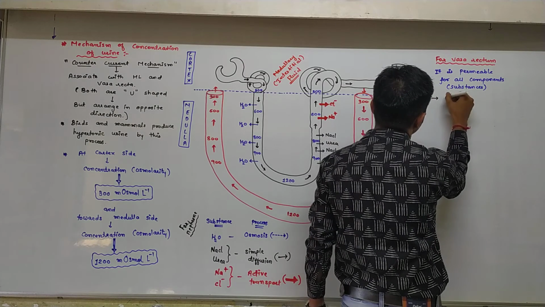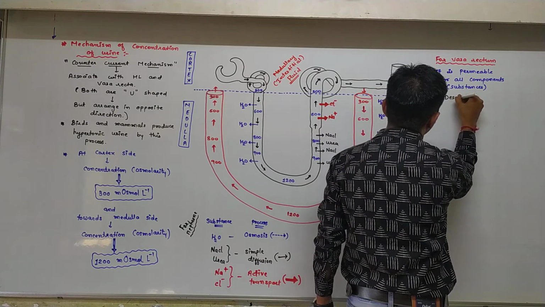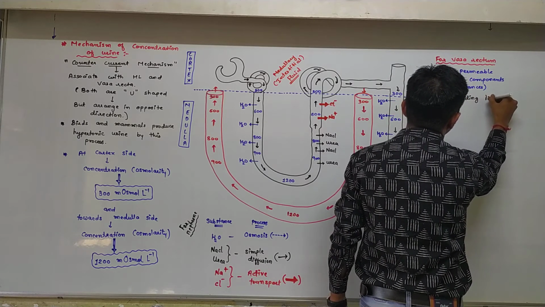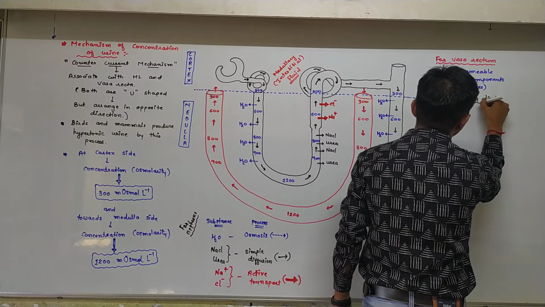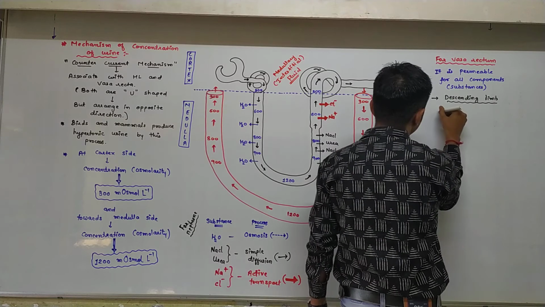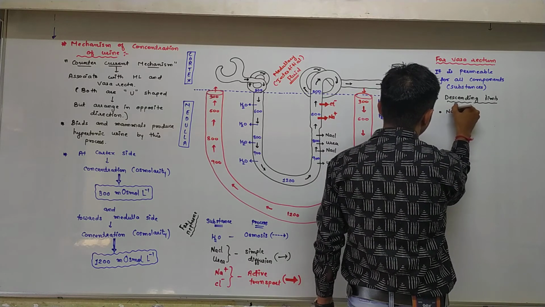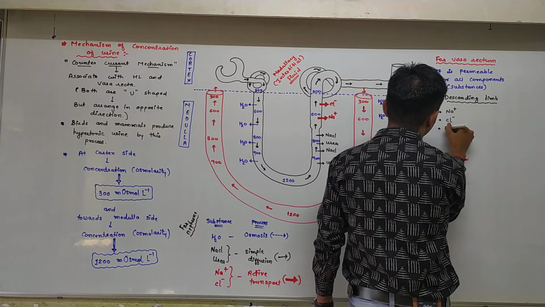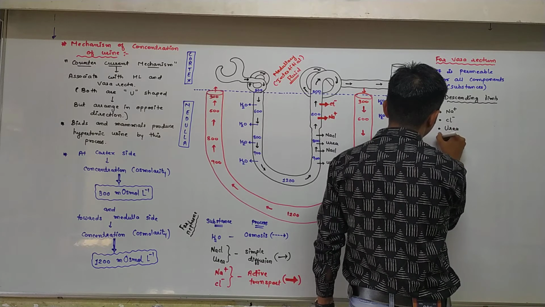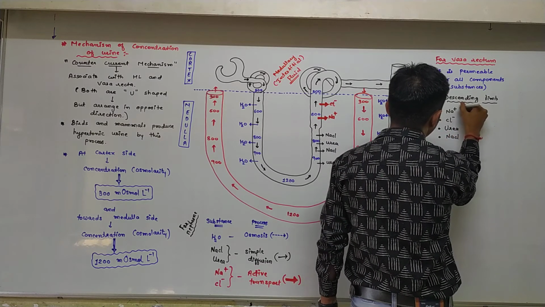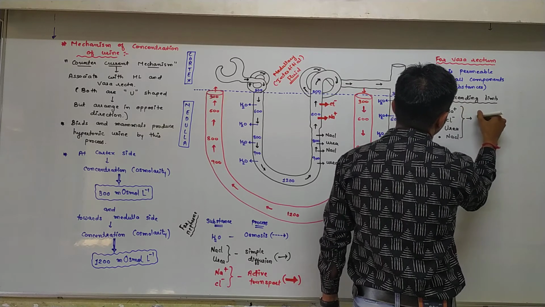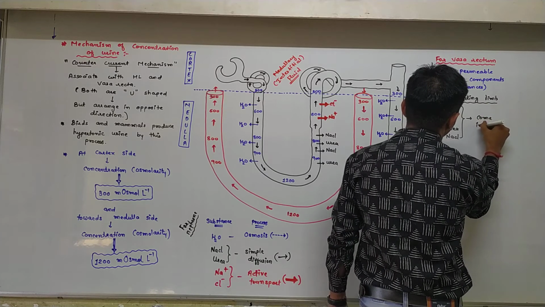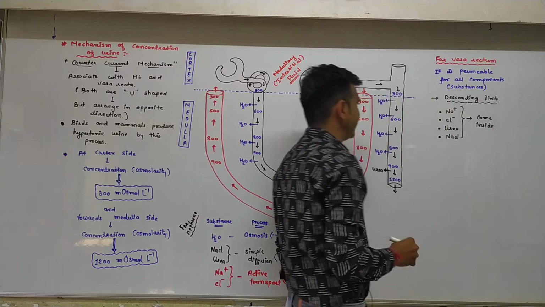For the vasa recta, descending limb, you remember: Na+, Cl-, urea, NaCl come inside.